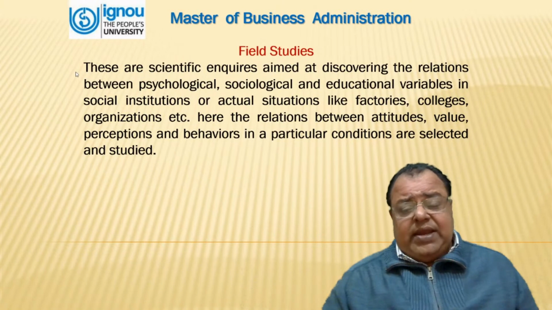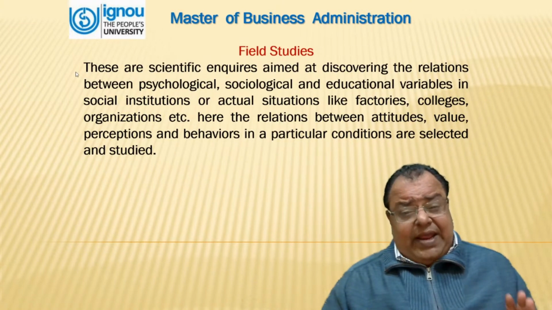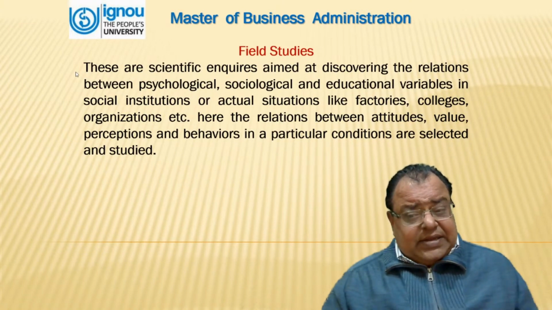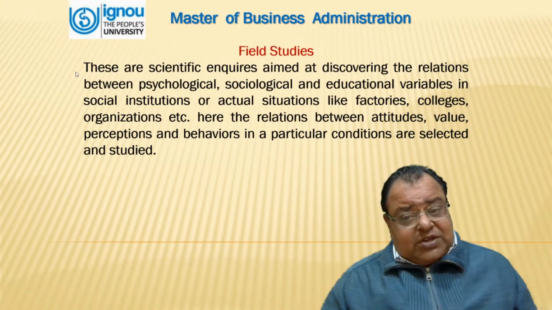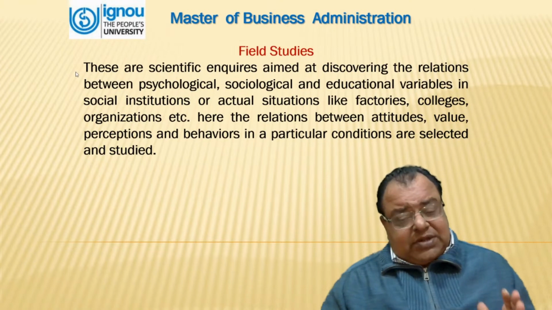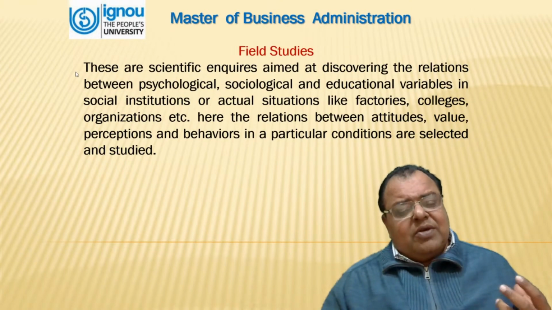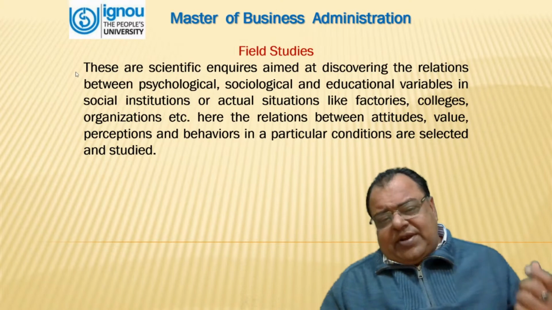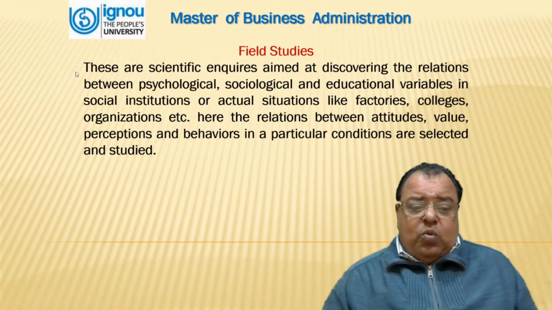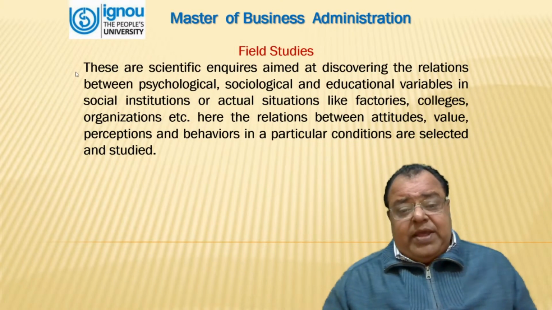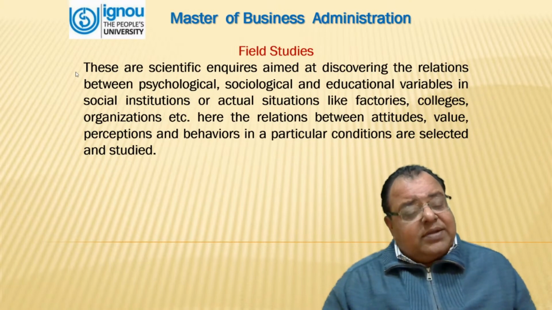These are scientific enquiries aimed at discovering the relations between psychological, sociological, and educational variables in social institutions or actual situations like factories, colleges, organizations, etc. Here, the relations between attitudes, values, perception, and behavior in particular conditions are selected and studied.